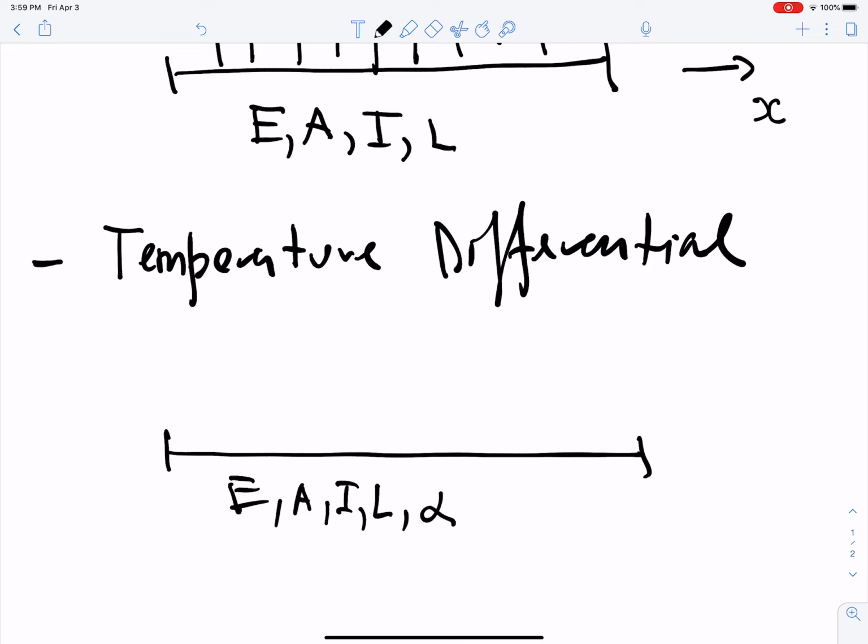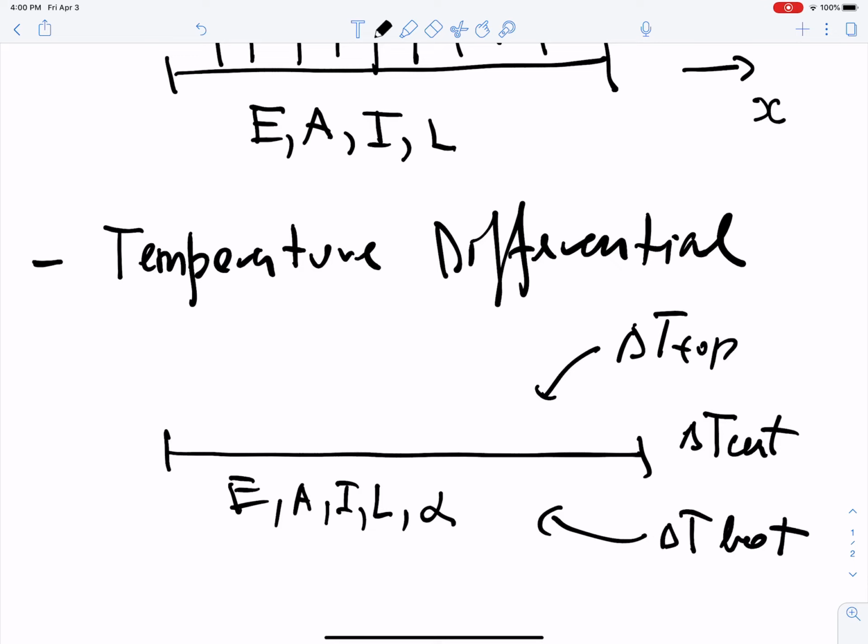Remember the coefficient of thermal expansion. We're going to apply 3 temperatures here. Delta T centroid is the temperature applied in the middle. Delta T top, temperature applied at the top, and delta T bottom.